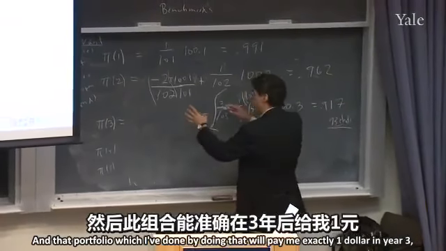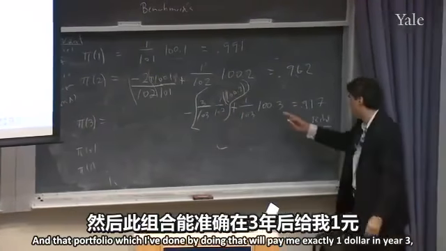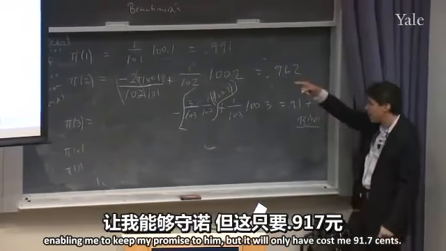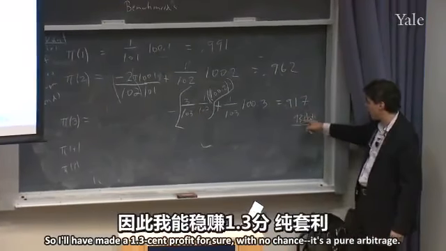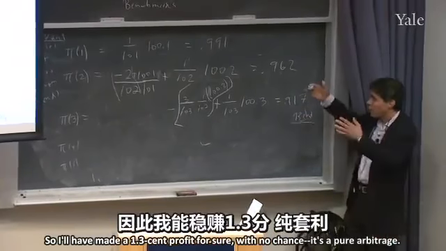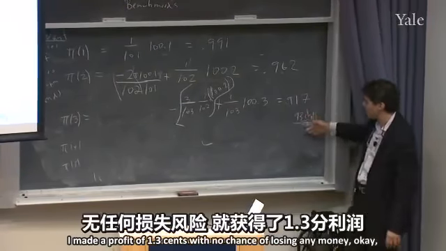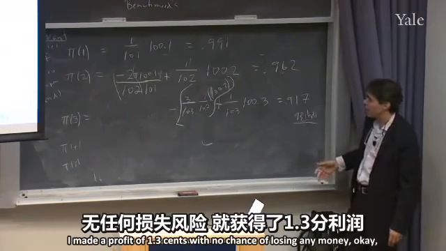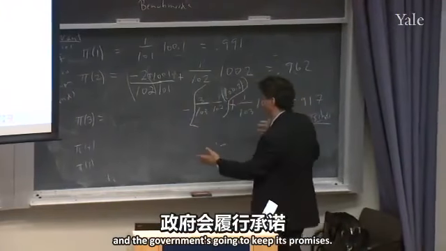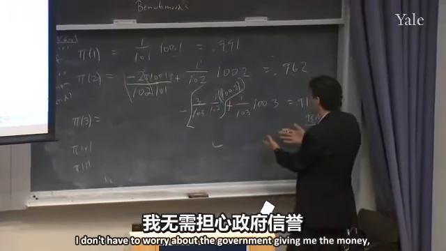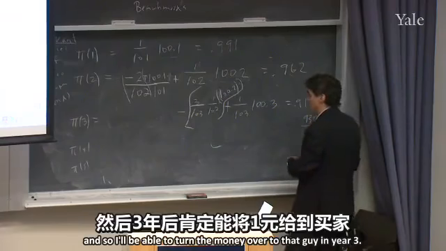That portfolio will pay me exactly $1 in year 3, enabling me to keep my promise to him, but it will only have cost me 91.7 cents. So I'll have made a 1.3 cent profit for sure. It's a pure arbitrage, with no chance of losing any money, because I've done all the transactions today, and the government's going to keep its promises. So I don't have to worry about the government giving me the money, and I'll be able to turn the money over to that guy in year 3.